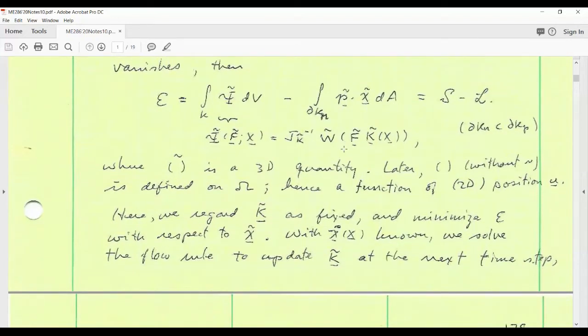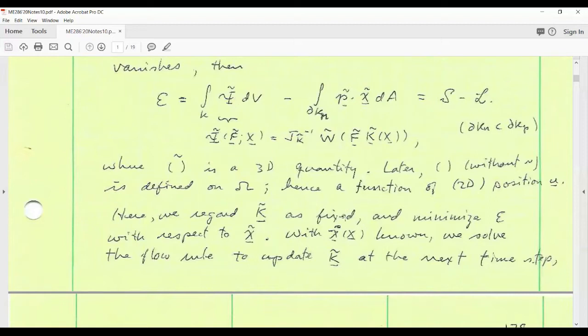So if we regard K as fixed, then the idea would be to minimize this energy with respect to the deformation. F tilde is the gradient of the deformation. Once we minimize the energy with respect to this, that is, we solve the equilibrium problem to find the deformation, now we know the deformation chi associated with that fixed K field. Then we know all the stresses and so on.